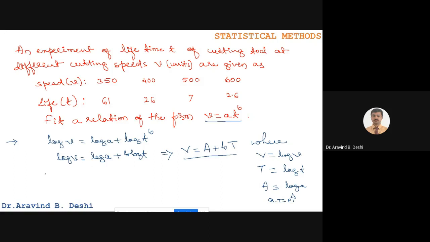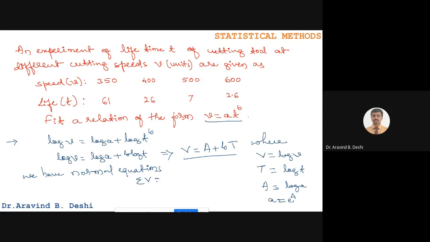We know the normal equations for a straight line, obtained by taking summation on both sides.